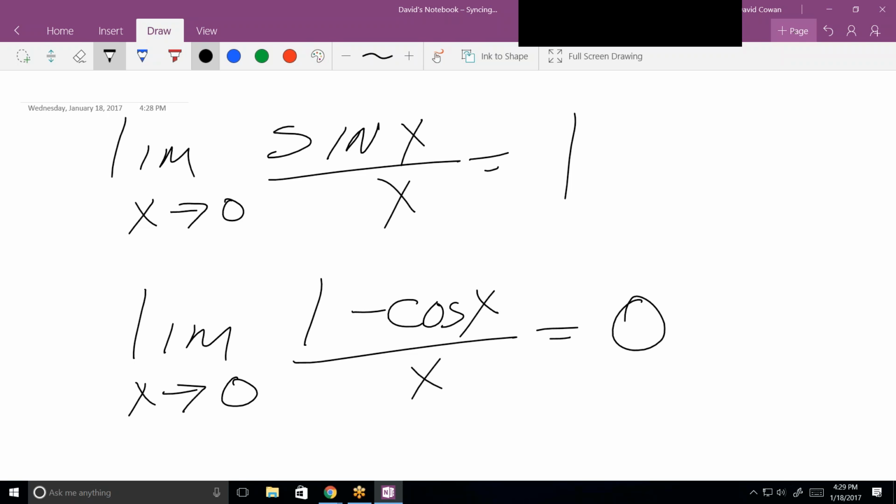Or you need to know that 1 minus cosine squared x is sine squared x. Those kind of identities. It truly is amazing how big a part of calculus trig is. So you want to be strong on your trig identities.